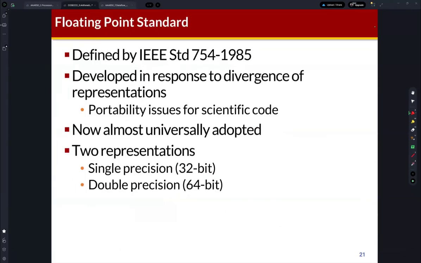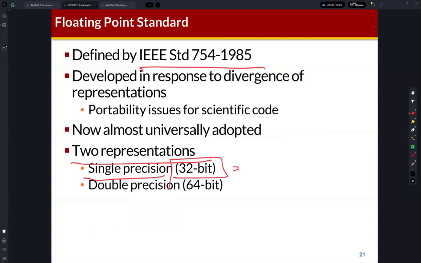So actually this floating point representation is defined by the IEEE standard. We can use 2 representations. Single precision is a 32-bit representation of a floating point number.